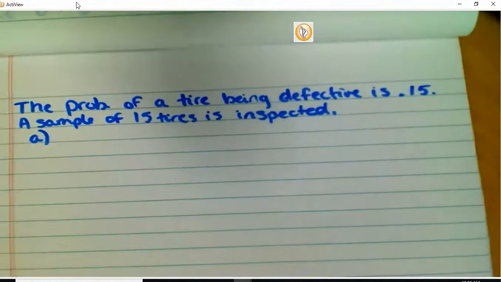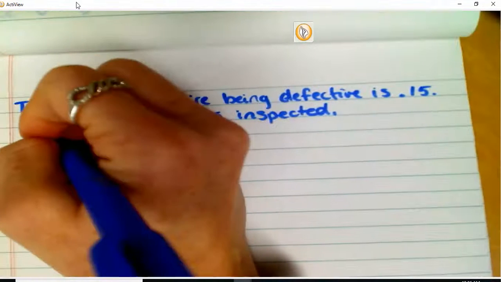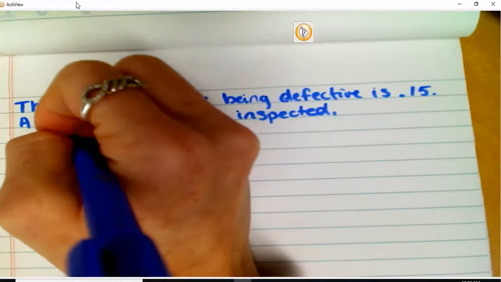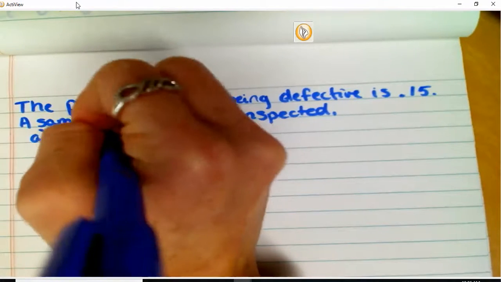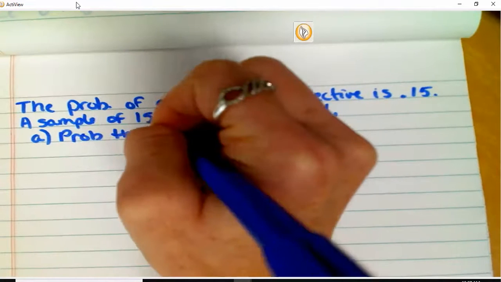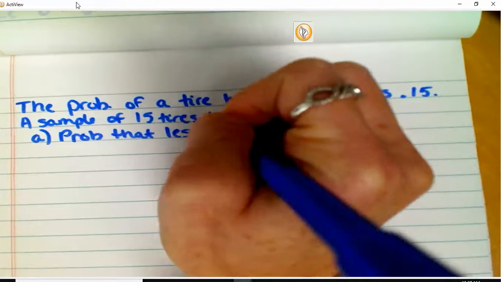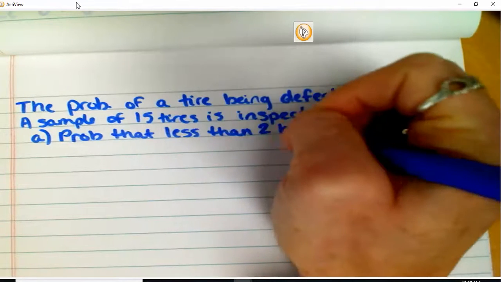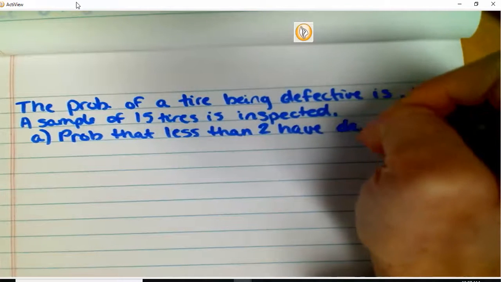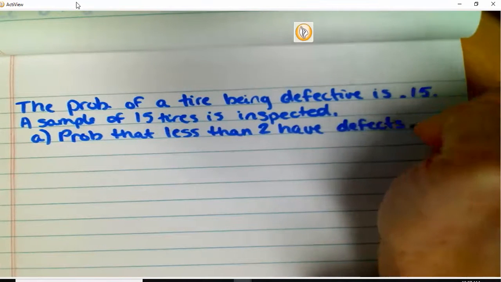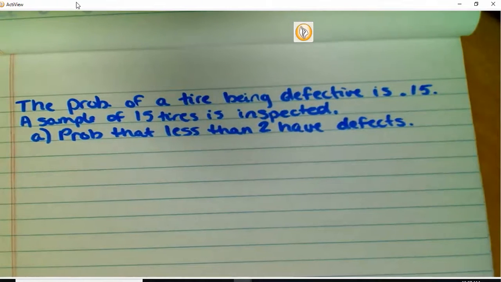So if I said I want the probability that less than 2 have defects, that means I could have 0 or 1 tire defective, right? If I said strictly less than 2, it doesn't include the 2.